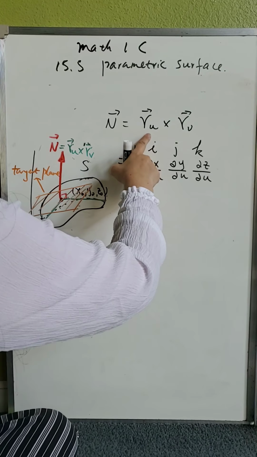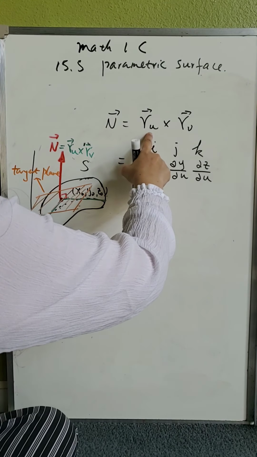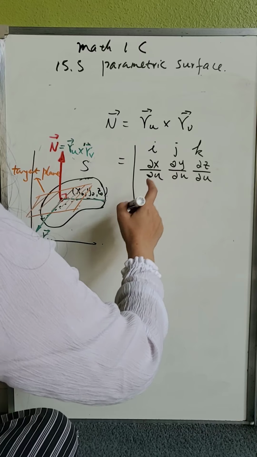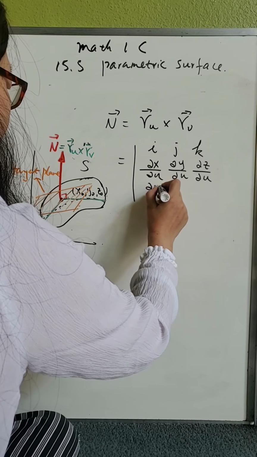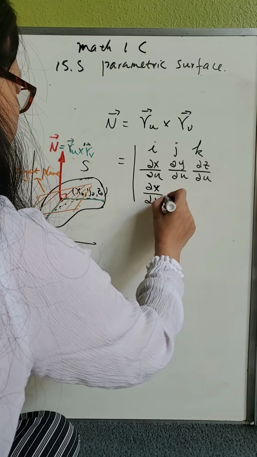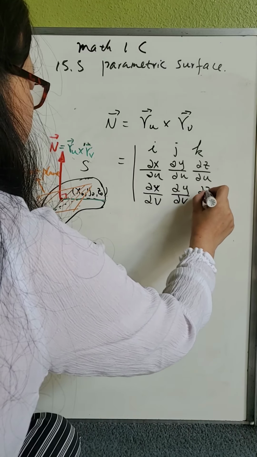These are the partial derivatives with respect to u from the xyz parametric equation. And then the next row is del x to del v, del y to del v, and del z to del v.